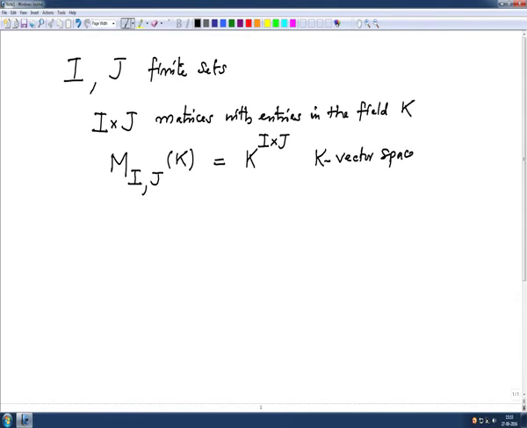And we found a basis of this, the matrix units E_ij, where this is an I cross J matrix with ijth entry one and all other entries 0.